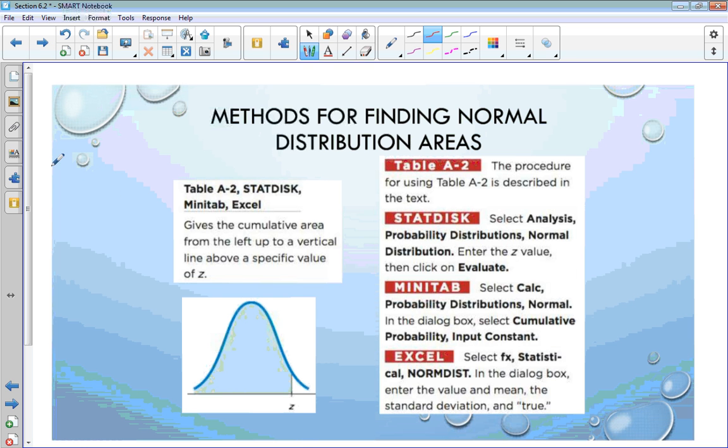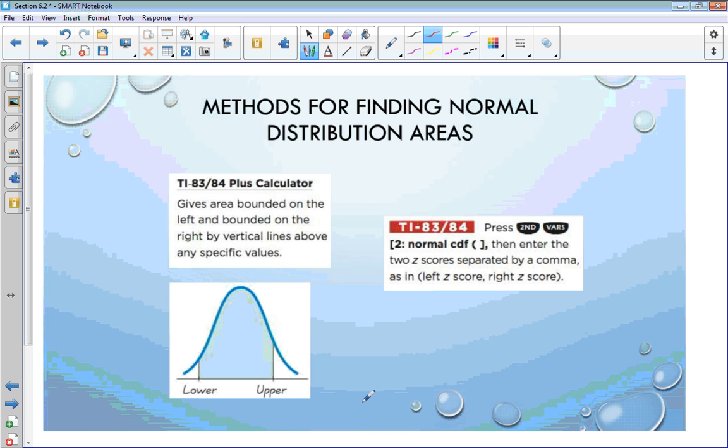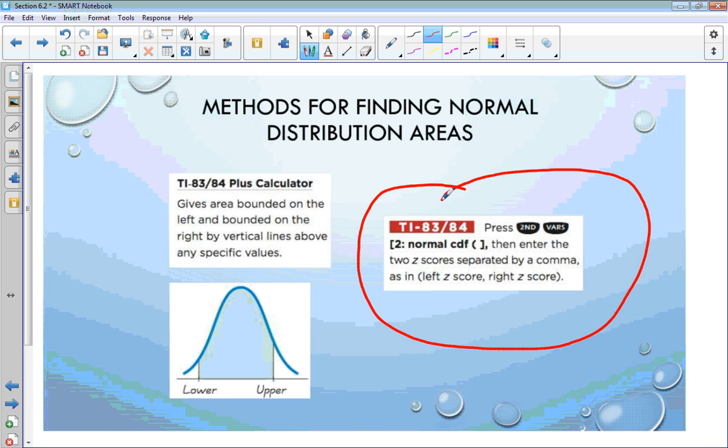So there's several ways that we can find this area under the curve. We can use our table, and we can bring up the table and talk about how to use that. We could also use Excel, StatDisk, Minitab. The one that you're going to use most often, of course, is going to be your TI-83 or 84 calculator. Let me pull that up so that we have that ready.